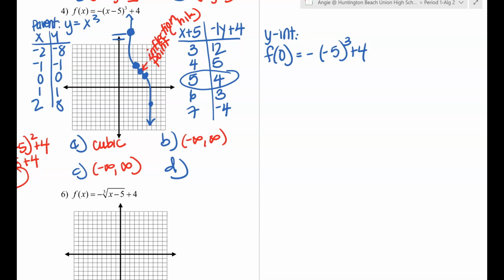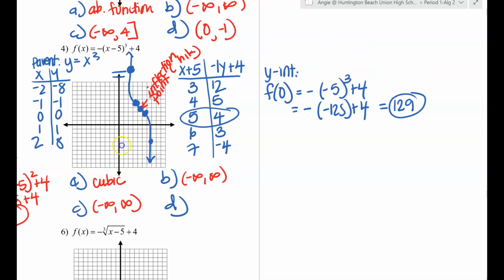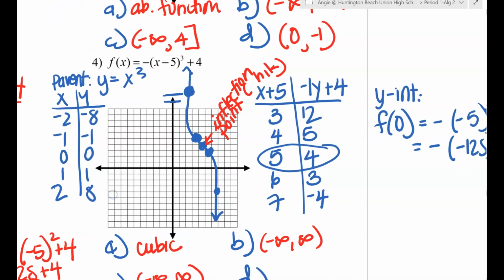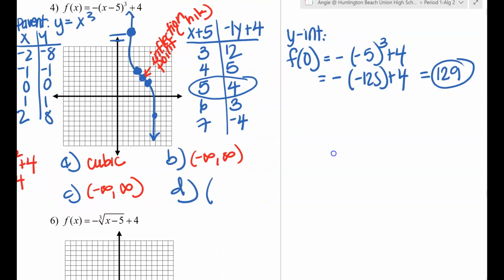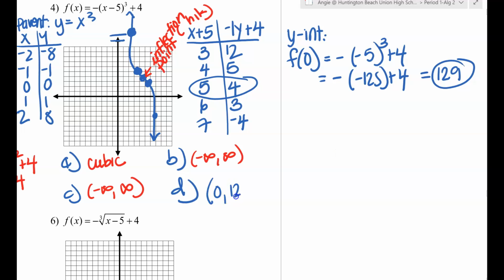Now, negative 125 times a negative in the front is a positive 125. So now we add 4, that's going to be 129. That's why you don't see our graph touching the y-axis yet, but it will eventually hit the y-axis at 129 later. So 0, 129.